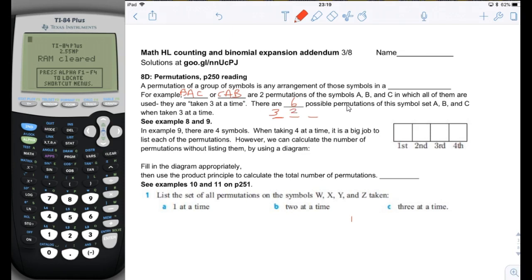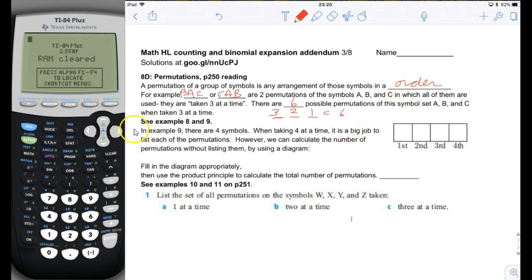And for the last position, there's only 1 possible letter. So you have 3 letters possible for the first position, 2 for the second, and 1 for the third. You multiply those together, and you get 6. A permutation of a group of symbols is any arrangement of those symbols in an order.